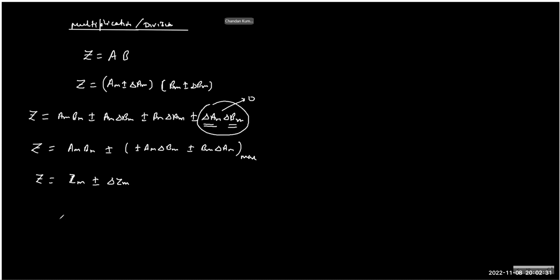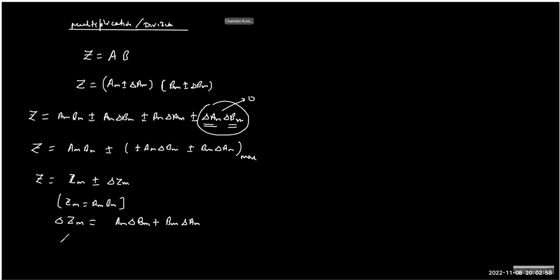So if you compare, what you'll get? Delta ZM is how much? First of all, what is ZM? It's very simple. Use the formula directly to get ZM. How to get delta ZM? The maximum of that will be AM delta BM plus BM delta AM. Now this way of writing is not so nice.